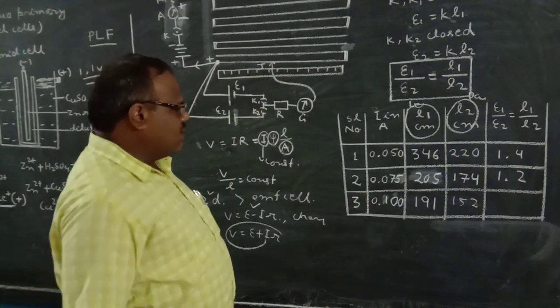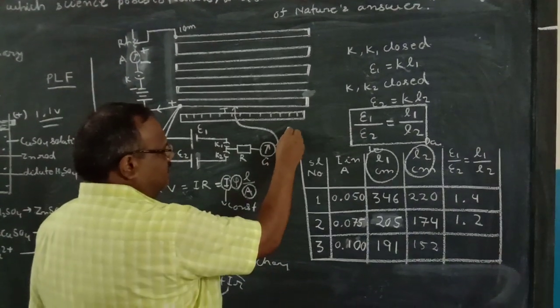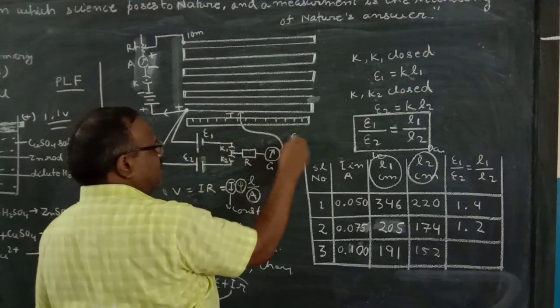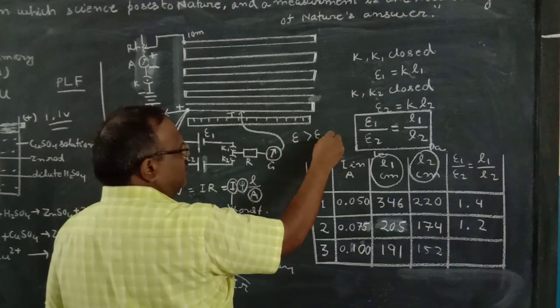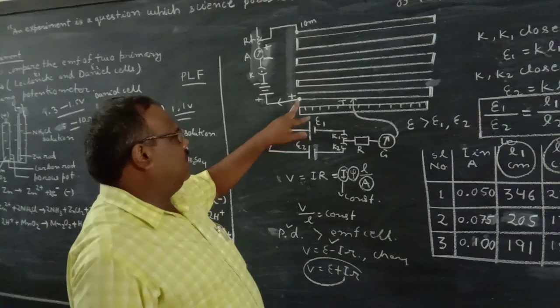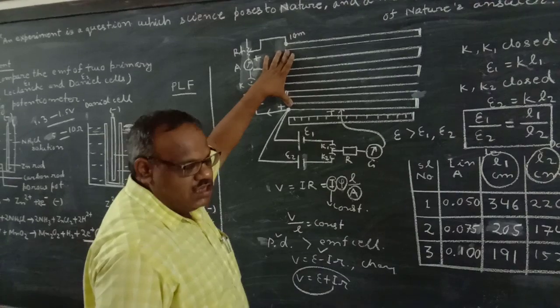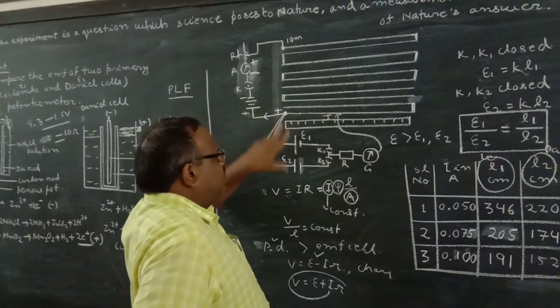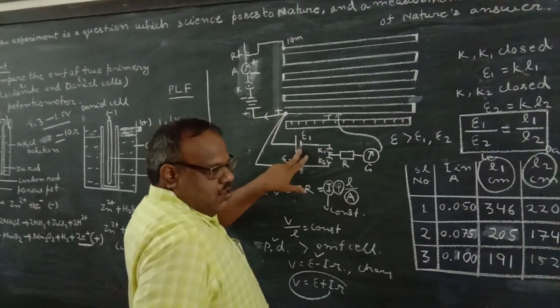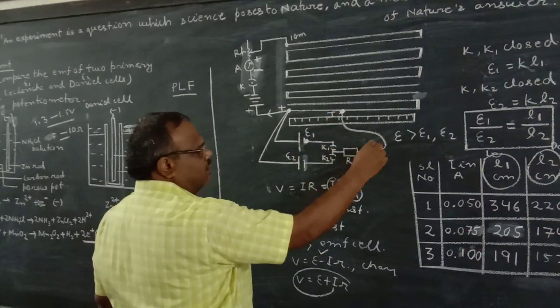Now the second question is, why do we always say that the EMF of the driving cell should be greater than E1 and E2? If it is not so, then what will happen? The potential difference between these two points is less than the potential difference of this cell. Can you see, when I am taking this point and this point, why is it not deflected?